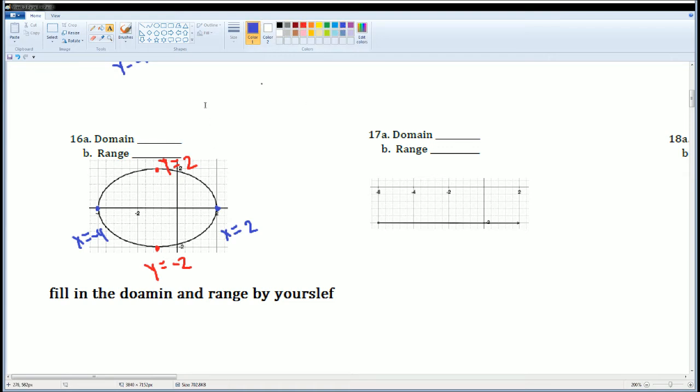So the domain, your smallest value, then the inequality, you're going to close it because it touches that x, then your greatest. Your smallest y here, close it, y, that's your greatest, okay? Fill that in and you should be all set.